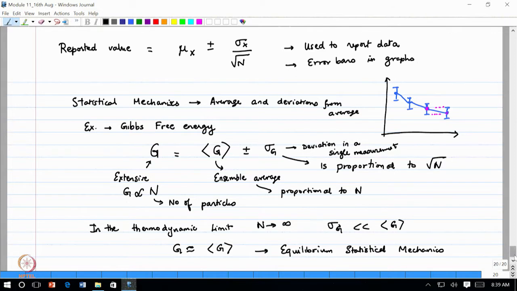Now the next topic that I want to do is least square fit of data. This is something that you have seen many times, and you often do it in your lab.